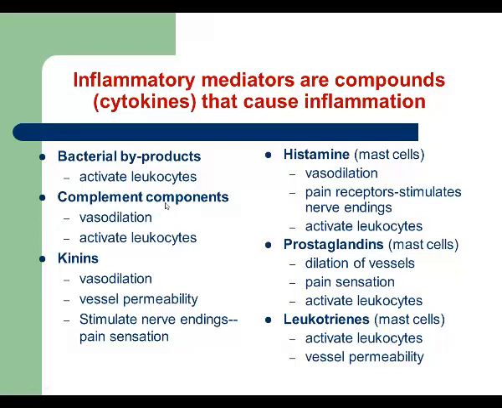Then the complement components also can cause vasodilation and also can activate white blood cells, meaning they also can play a role of inflammatory mediators. Next, kinins, another example of inflammatory mediators. They also can change the permeability of the capillaries at the site of infection. They can cause vasodilation. They can stimulate or irritate nerve endings, causing pain as a symptom of inflammation.